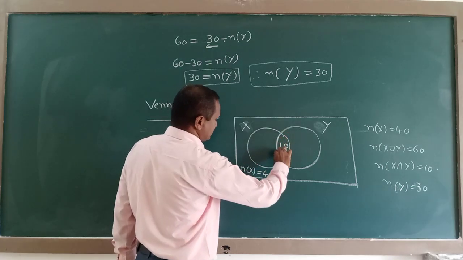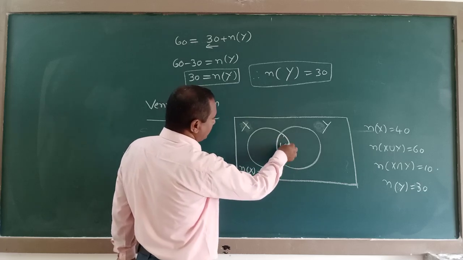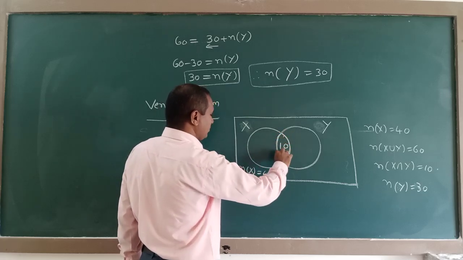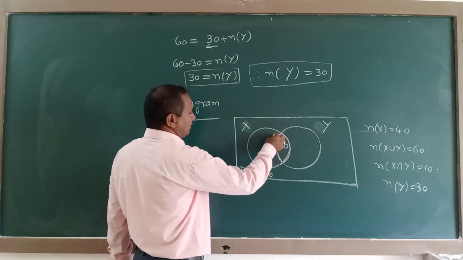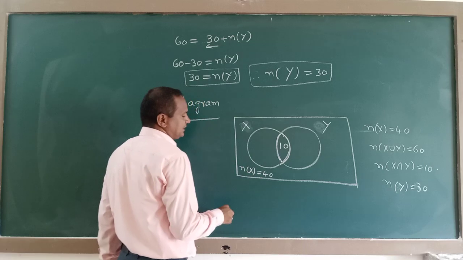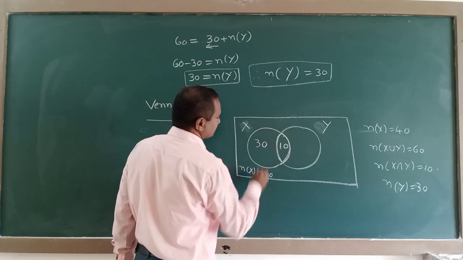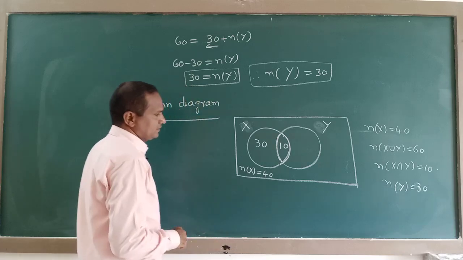Already 10 are common, so those 10 belong to x and at the same time belong to y also. Already 10 are there in set x. That's why the remaining elements in set x is 40 minus 10, which means 30. It is the n of x.